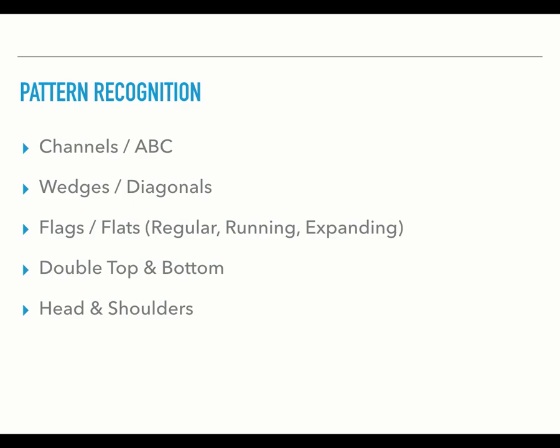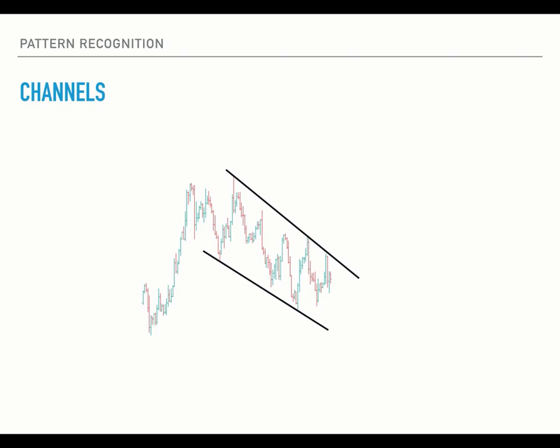Okay, so these 5 patterns, I've actually put inside your notes as well to assist you in following me. Let's talk about the first type. Whether it is an ABC or a channel, the visual look of it is like that. The visual of a channel looks like this.